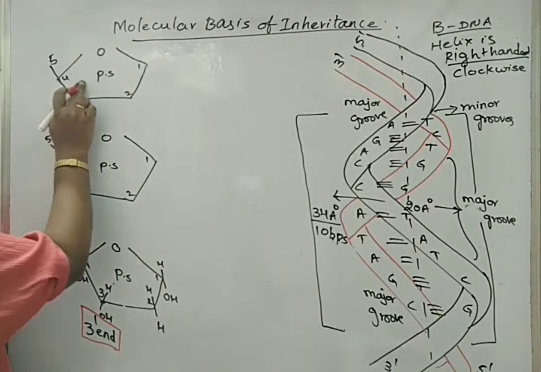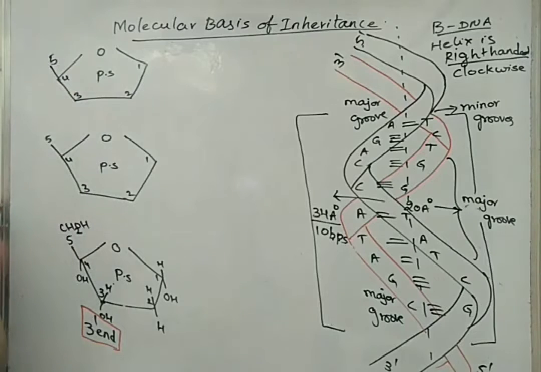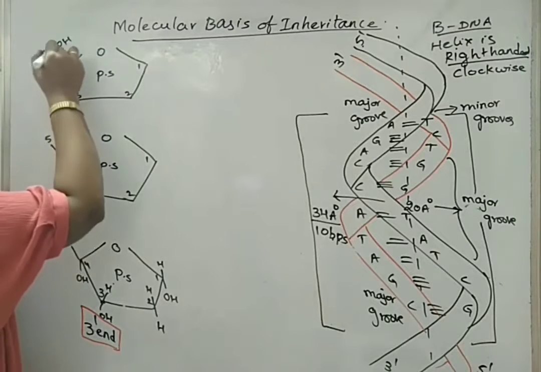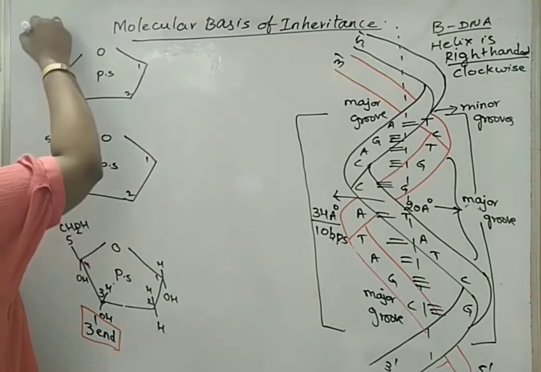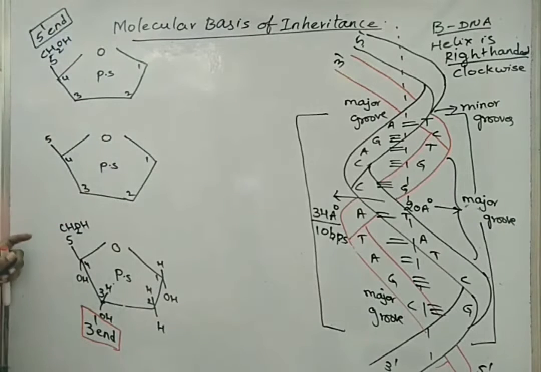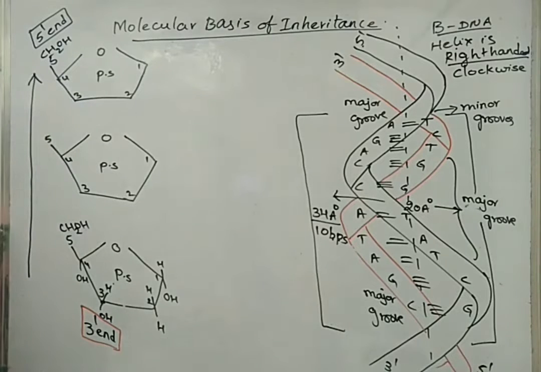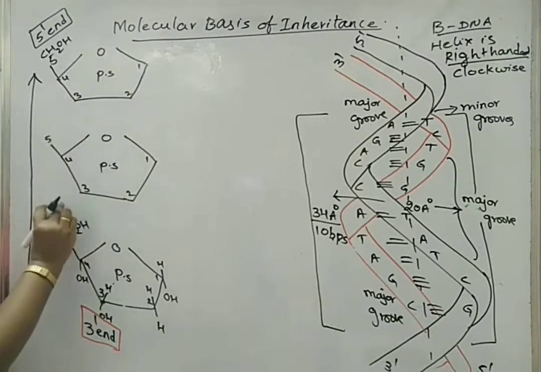See here in this pentose sugar which is in the beginning, the end of the pentose sugar is having a CH2OH group containing the 5 carbon position. We can write this one as 5' end. Now this strand runs from 3' to 5'. We will join these strand links later.